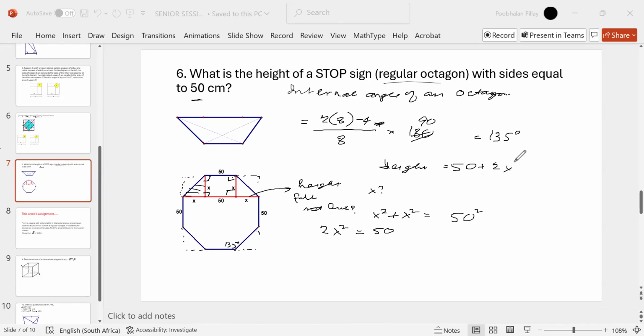So we need to calculate 2x. Now, a nice easy way of calculating 2x is, you know that when you square 2x, you'll get 4x squared. So why don't we multiply both sides by 2? Well, this is 50 squared, and then you'll get 2 times 50 squared. Now, this is 2x all squared. So 2x is equal to the square root of this.